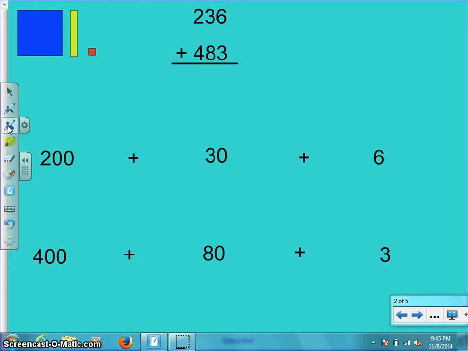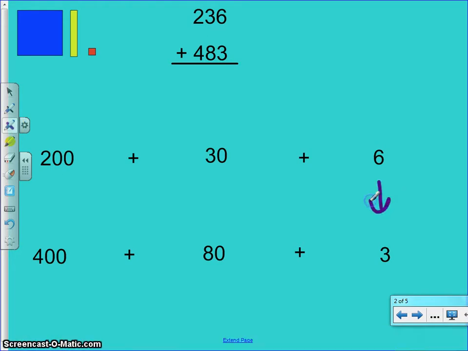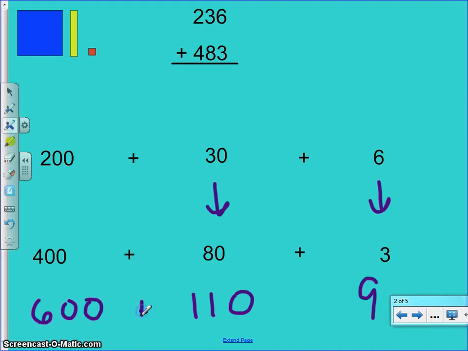Then I can go ahead and add them together. 6 plus 3 is 9. 30 plus 80 is 110. 200 and 400 will give me 600. Then I just have to add all these together.